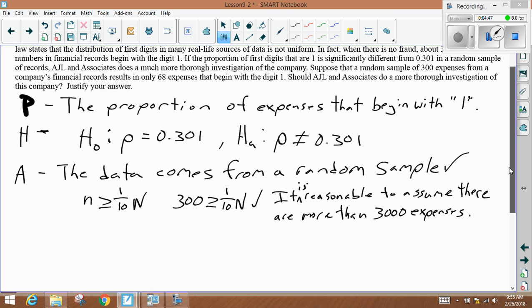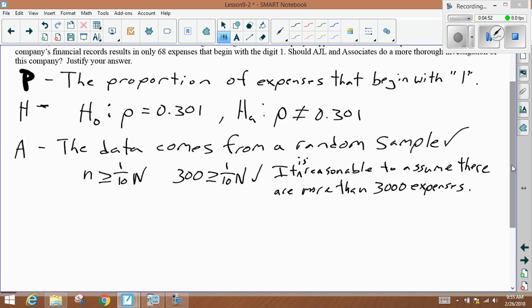All right. Also, each trial is independent is assumed, right? The number from one is not going to affect the number from the other. But n, we need to check. The np, and we're choosing p, our parameter, right?